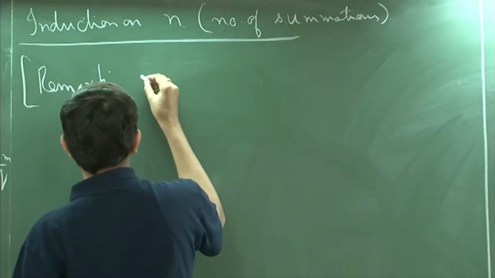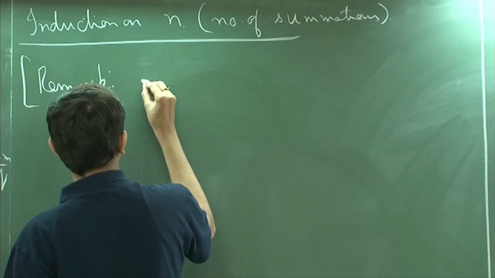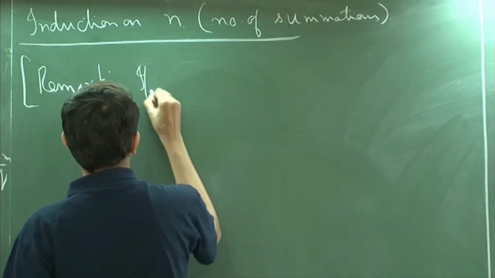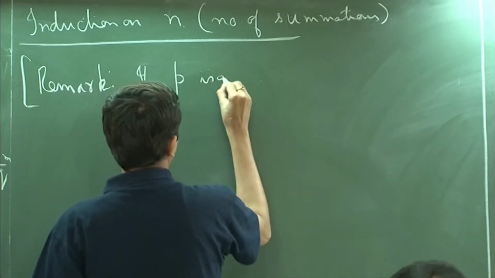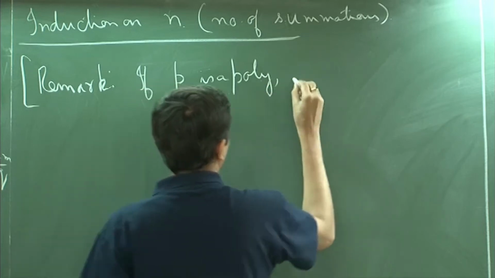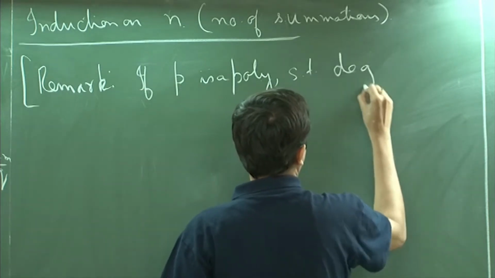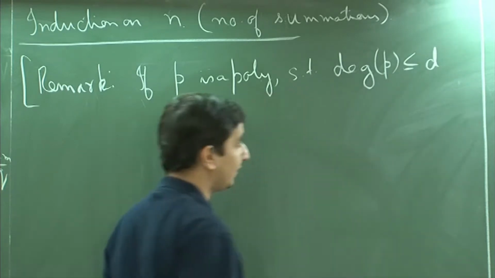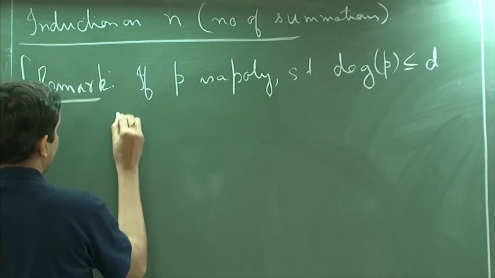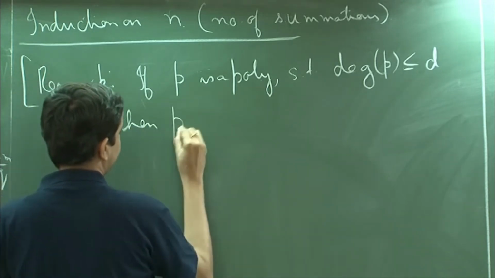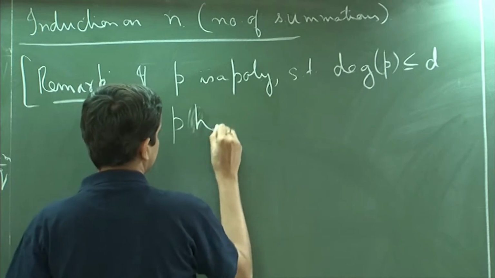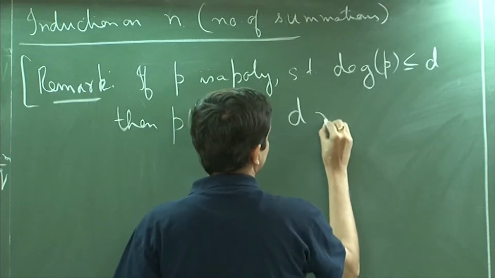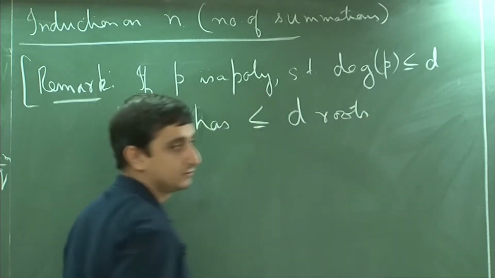Suppose P is a polynomial such that the degree of P is less than some quantity d, then P has at most d roots.